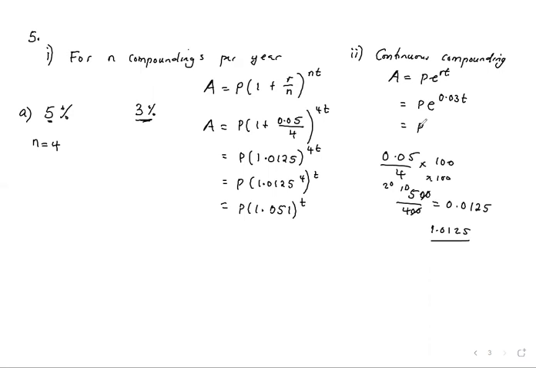And this question may not easily come. So what is e? e to the power 0.03. So this side you're getting 1.03^T.